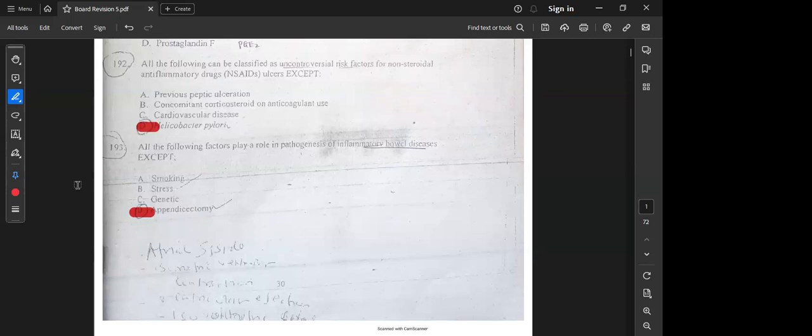And then we have another class of agents called the immunomodulators or immunosuppressants. Here we have drugs like azathioprine or 6-mercaptopurine, which mainly work by inhibiting purine synthesis and reduce IBD-associated inflammation.